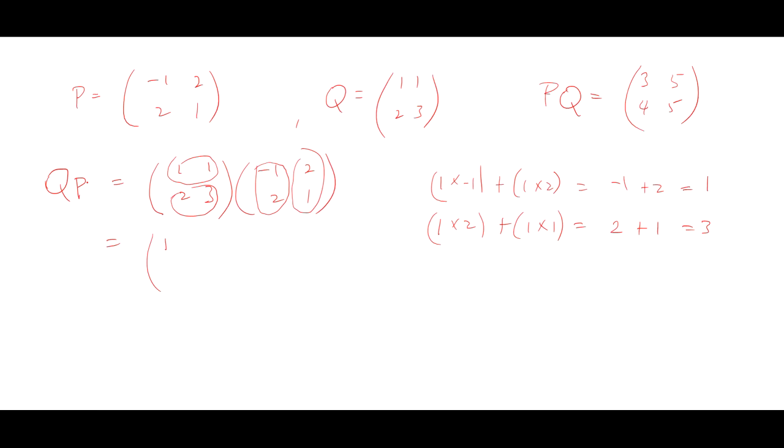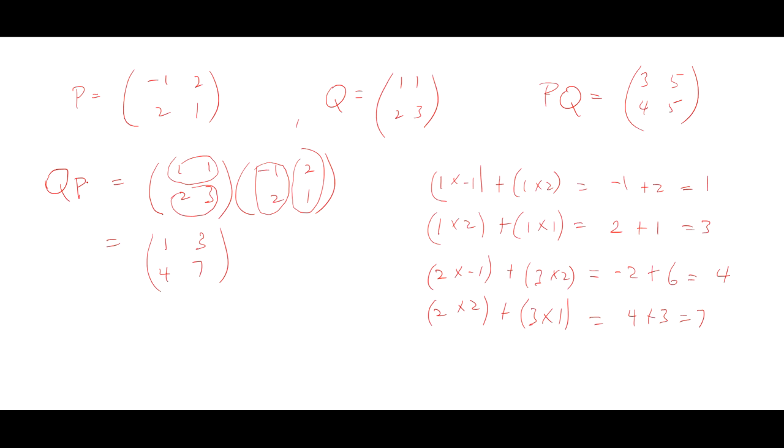So it'll be 2 by minus 1 plus 3 by 2, and this gives me minus 2 plus 6, which is 4. And then the last one, which is 2, 3 by 2, 1. So it's 2 by 2 plus 3 by 1, right? Which is 4 plus 3, which is 7.